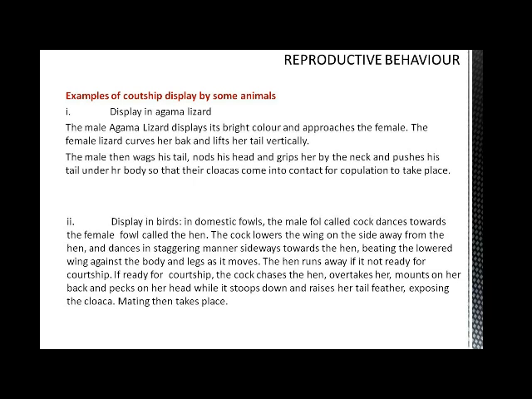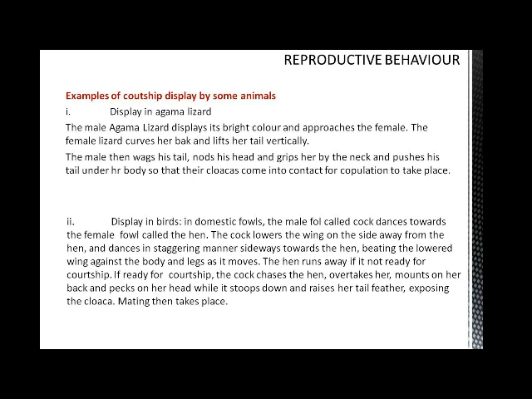The male then wags his tail sidewards or upwards, and at the same time nods his head and grips or holds the female lizard by the neck and pushes his tail under her body so that their cloacas, or reproductive organs, come into contact for copulation to take place.